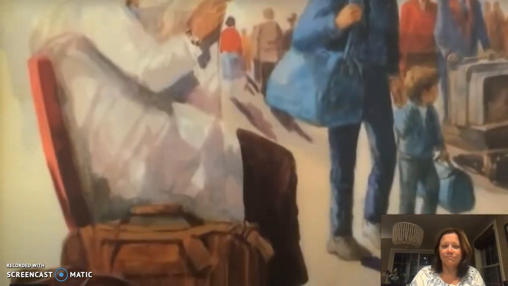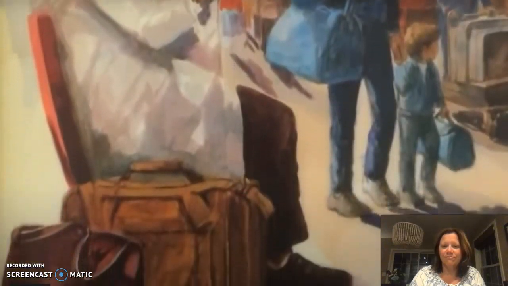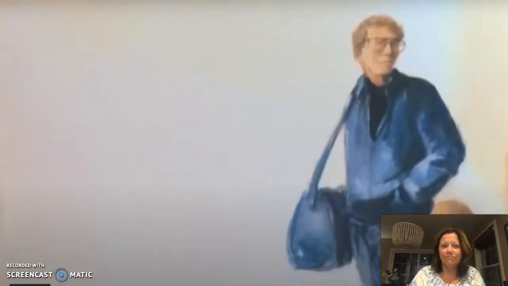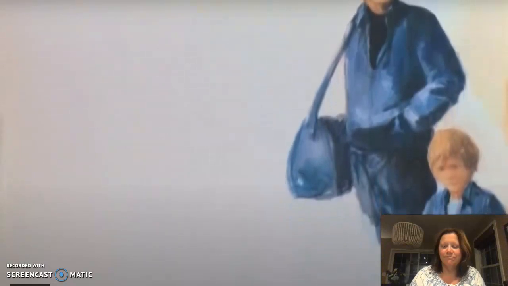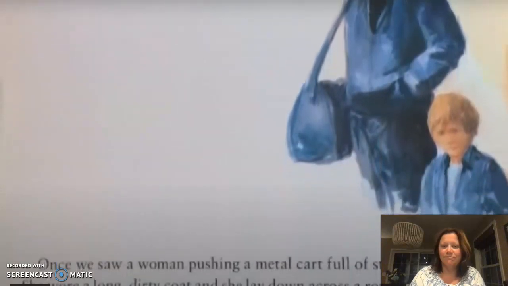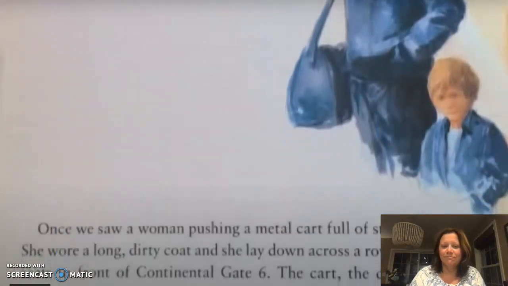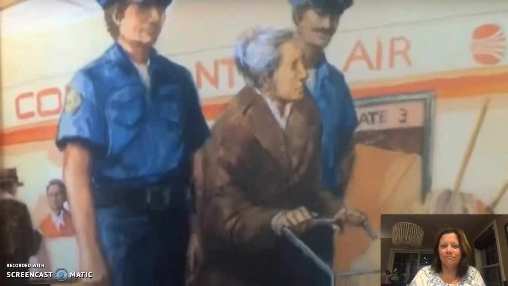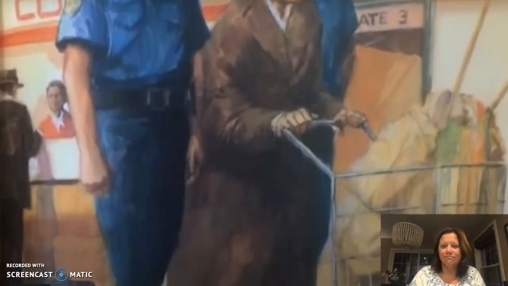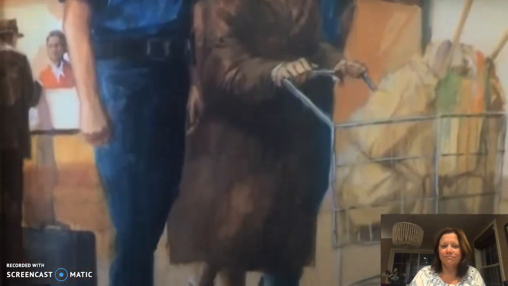Not to be noticed is to look like nobody at all. Once we saw a woman pushing a metal cart full of stuff. She wore a long, dirty coat, and she lay down across a row of seats in front of Continental Gate 6. The cart, the dirty coat, the lying down were all noticeable. Security moved her out real fast.